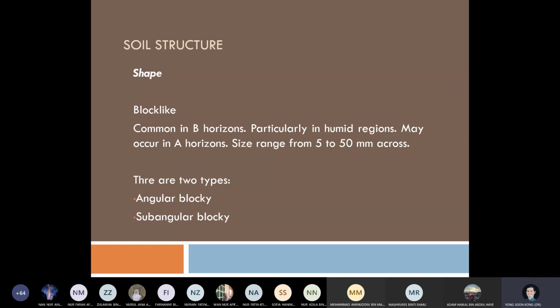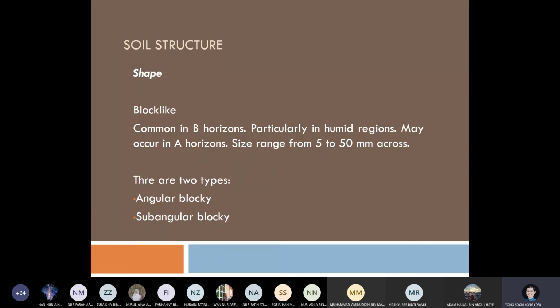Okay, block-like. Earlier I told you block-like structures are large pieces due to the lack of water movement or weathering. So where can you find this blocky structure? It needs a fair bit of clay in order to form all these aggregated blocks. As you can see right there, the B horizon. It may also occur in the A horizon, but the key is it must have enough clay and not much aggregation, or at least the aggregation happens only in the mineral phase.